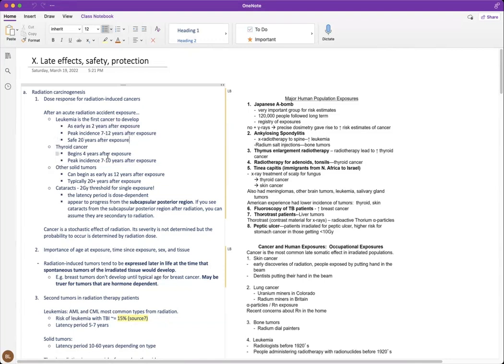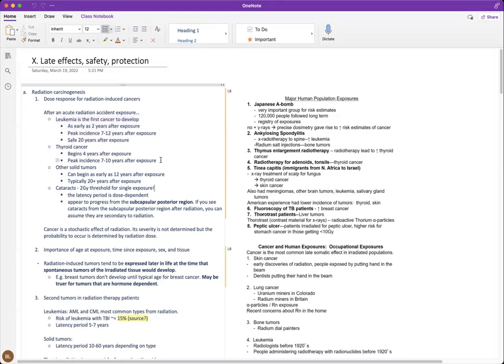Thyroid cancer can begin 4 years after. The peak incidence is 7 to 10 years after exposure. Other solid tumors can begin as early as 12 years after exposure, typically 20 plus years after exposure. This is what we mostly talk about when we're counseling patients, because we're not about to give patients a bunch of total body dose.